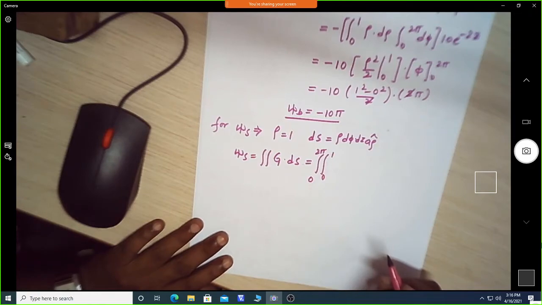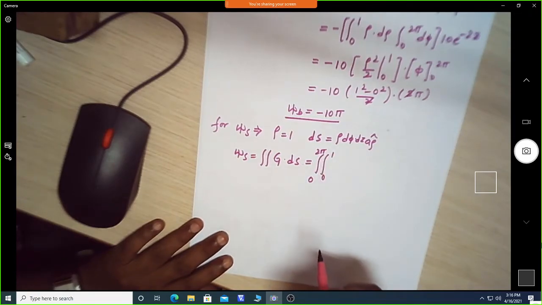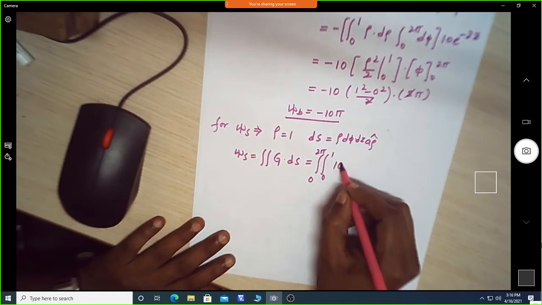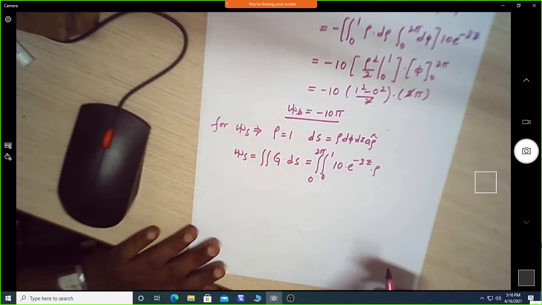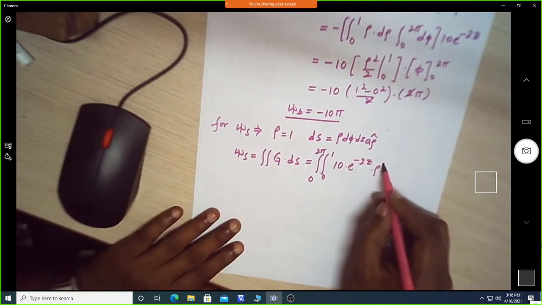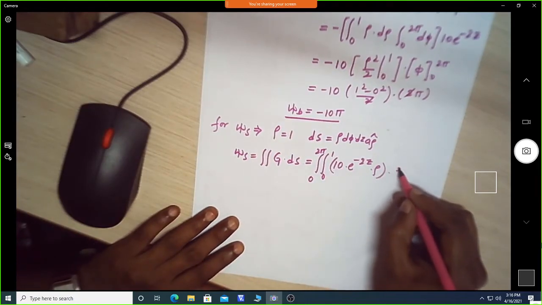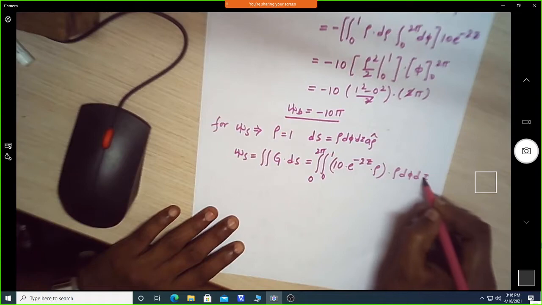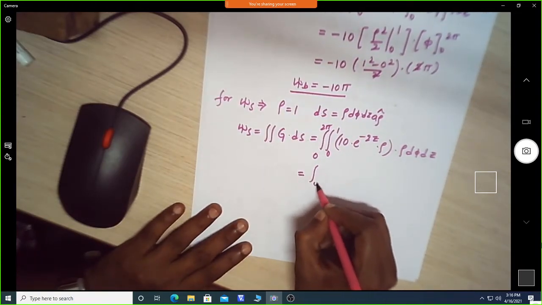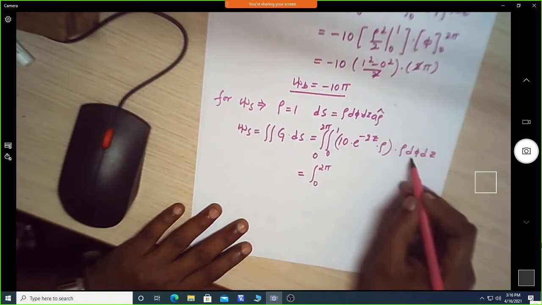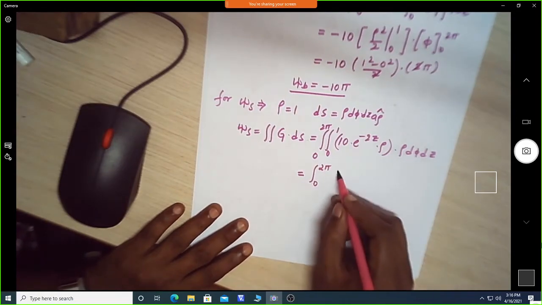The z variation is 0 to 1, and the phi variation is 0 to 2 pi. G is nothing but 10 into e power minus 2z into rho, and ds is rho d phi dz. Now you can evaluate this: 0 to 2 pi, and the phi component is d phi.